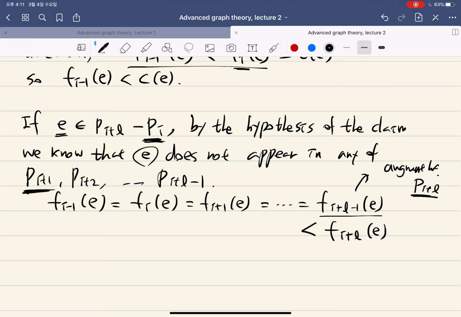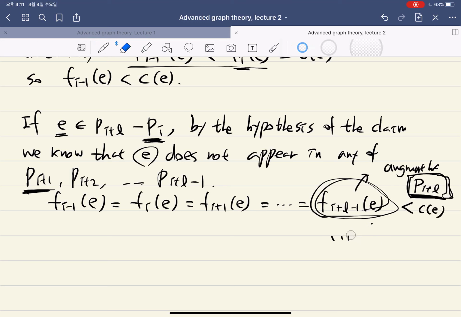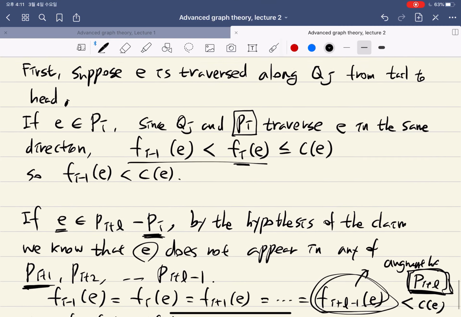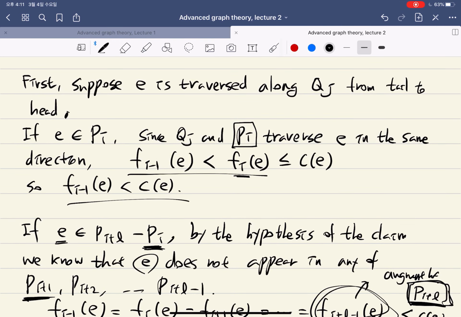So pi plus l is an augmenting path, which means that this value is strictly smaller than c of e. So this concludes that f sub i minus 1 of e is smaller than c of e. So in both cases, we get this.